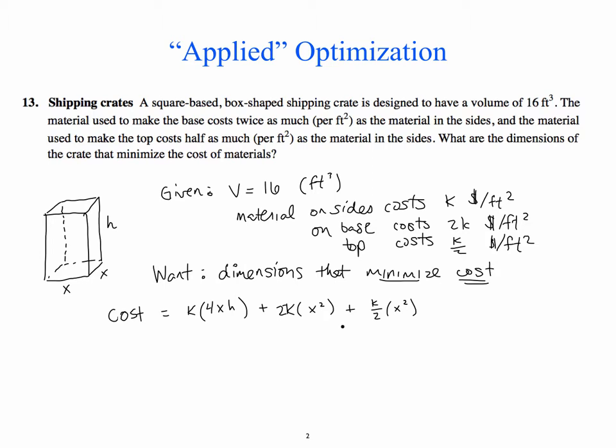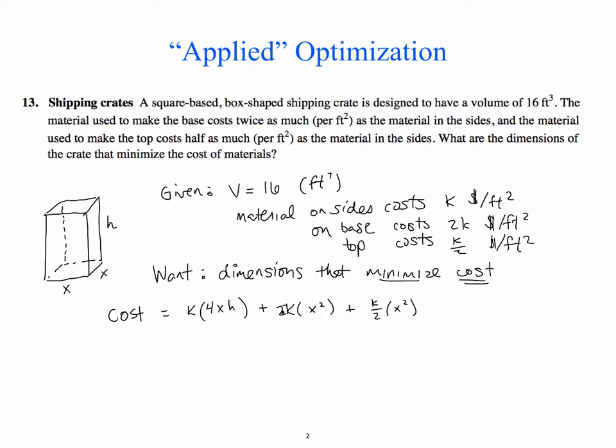What are we going to do? We're going to find the derivative, because we know that when the derivative is 0, then what happens? We might find a local max or min, right?